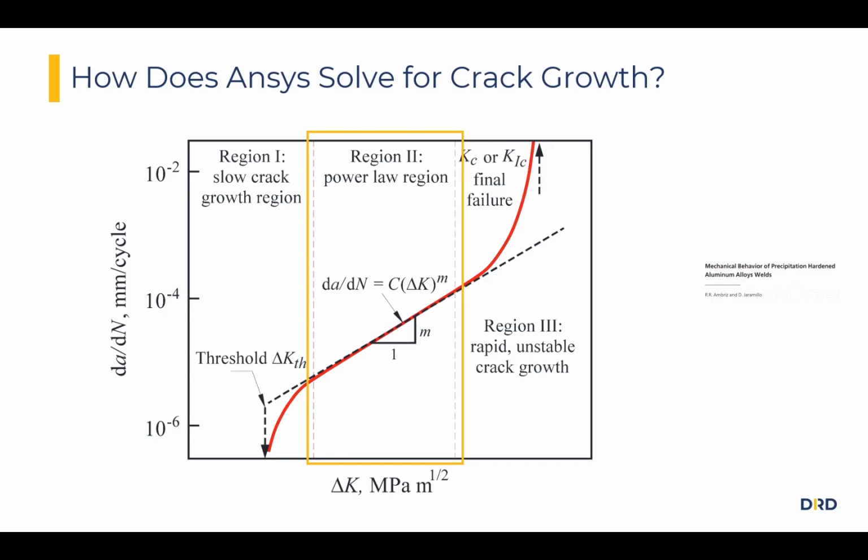So Ansys assumes that there is a linear relationship, on a log-log plot anyway, between the crack growth rate and the delta K. Now in this particular case, we can also capture the threshold delta K value. So effectively this crack growth curve would extend in either direction, however large the delta K is going to be. However, we can stop the crack growth by assuming a minimum delta K that is required for the crack to actually grow. If that occurs, then the crack stops growing.